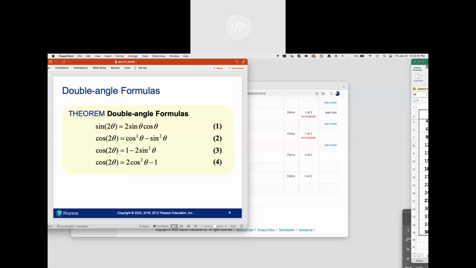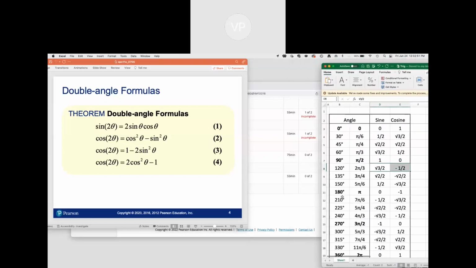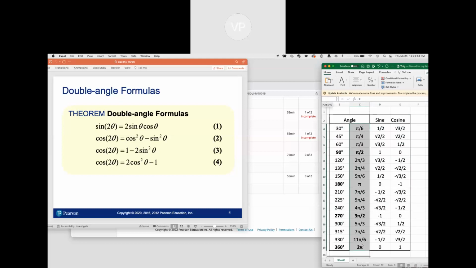You also should have, if you have not yet memorized it, but you should be close, all your angles written down. And I don't just mean the angles, talking about the sine and the cosine of each, and most importantly, the radians, because that's mostly what we're going to deal with.